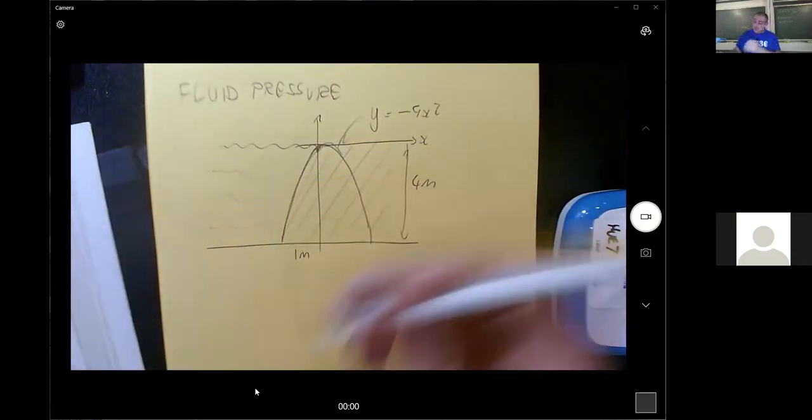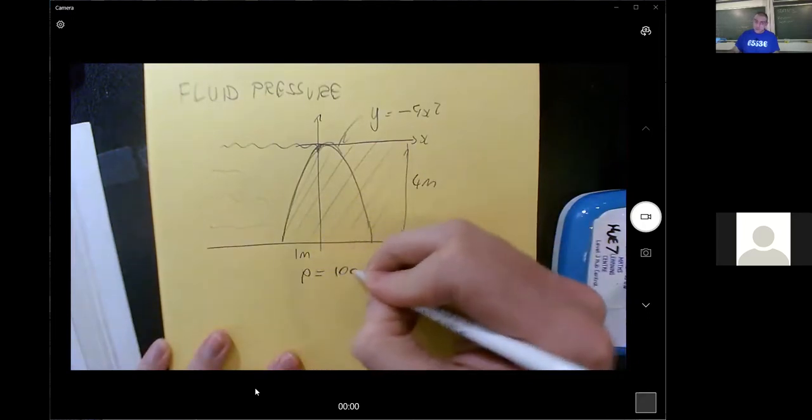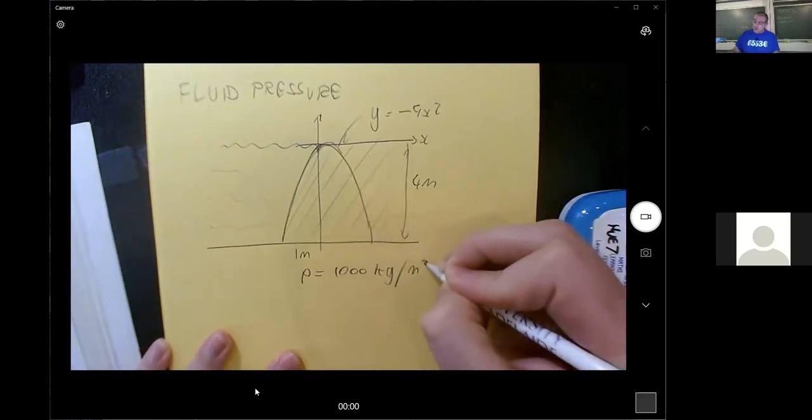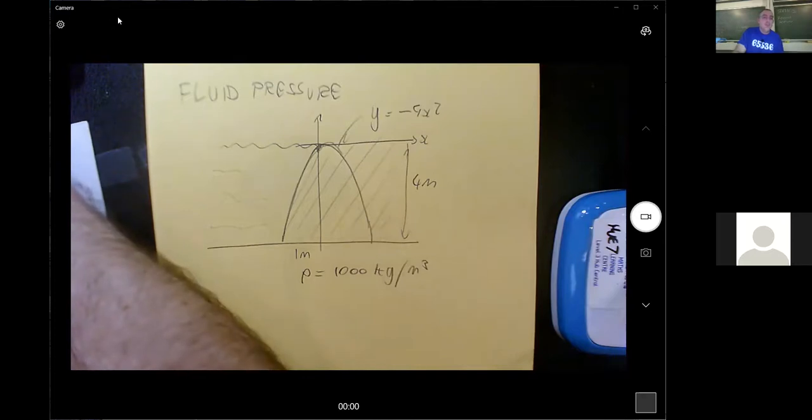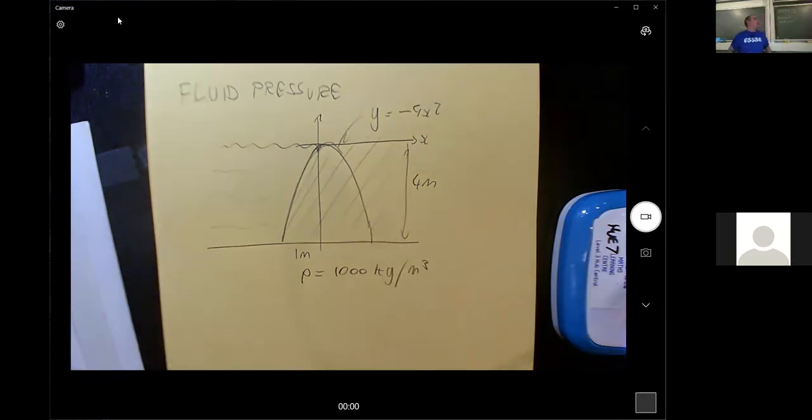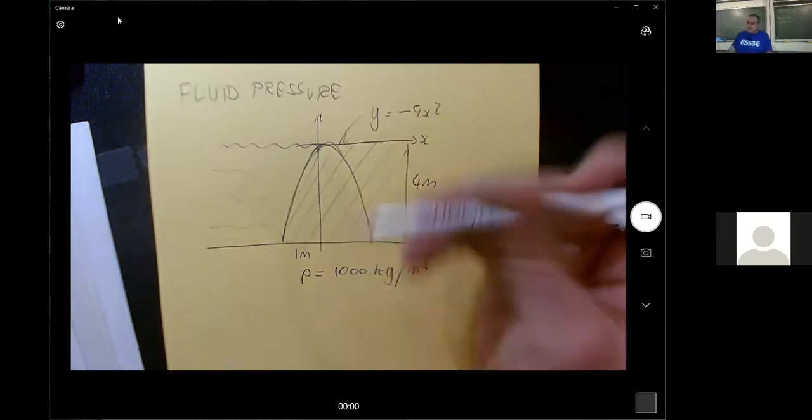And the density of the water was 1,000 kilograms per meter cubed. All right. So that's the picture.